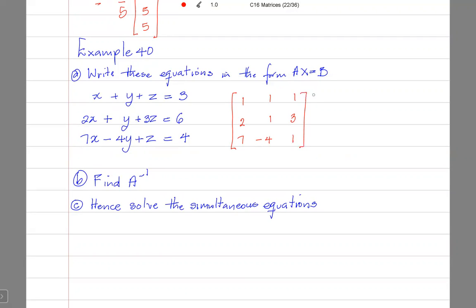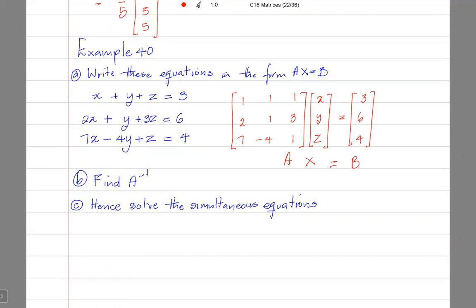This is A times X, Y, and Z. And this is equal to B, which is 3, 6, 4. So this is the form AX is equal to B.